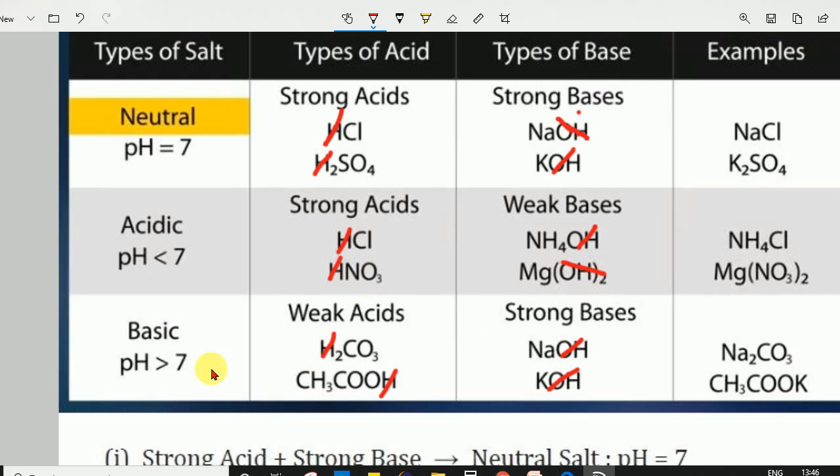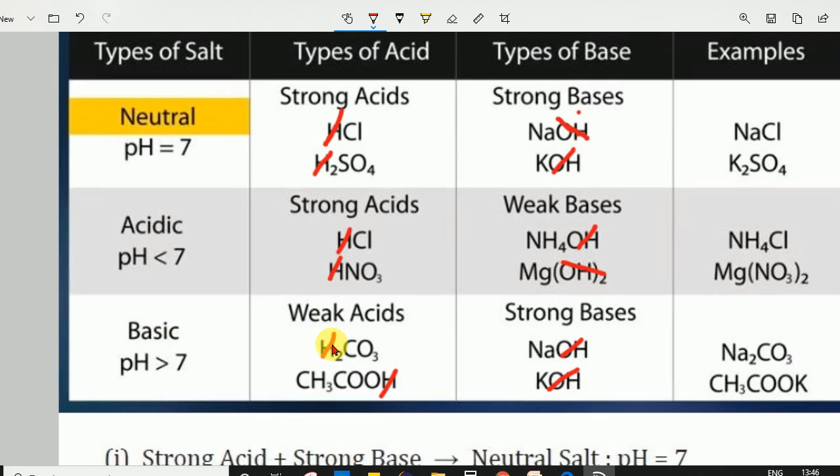Now, if we talk of basic salts, here we have weak acids and strong bases. H2CO3 is carbonic acid and NaOH is a strong base. The number of OH ions of NaOH is much higher than the H ions of carbonic acid.